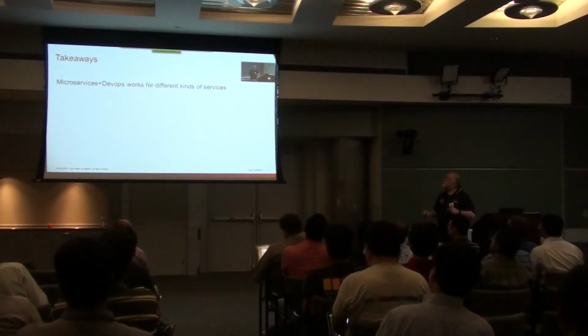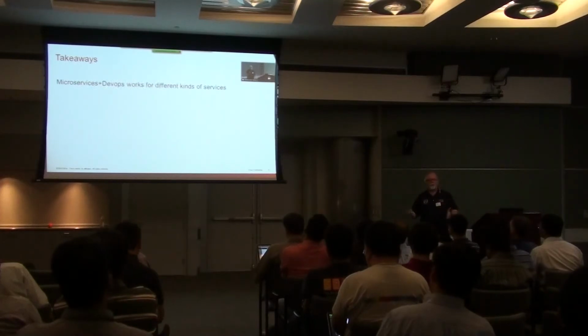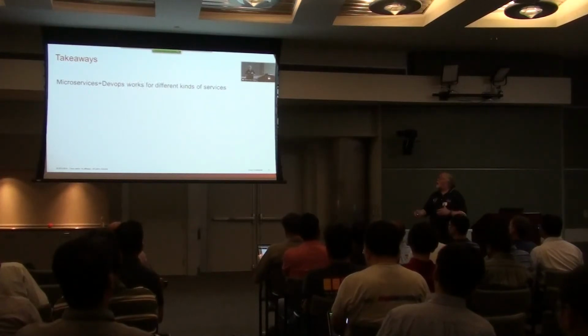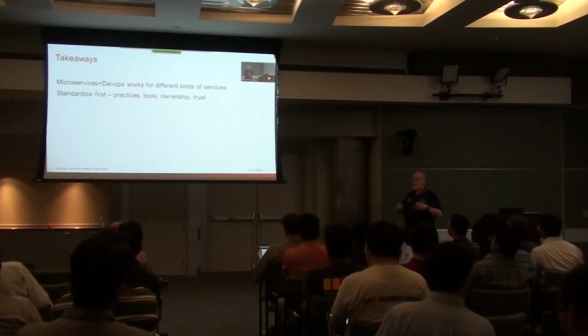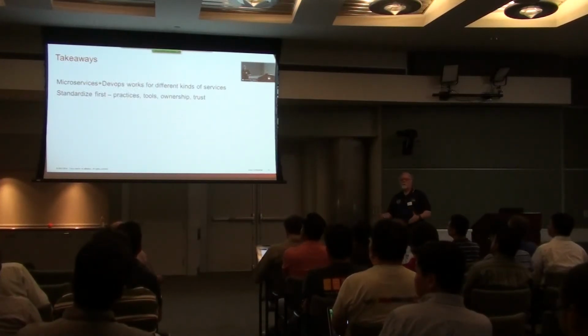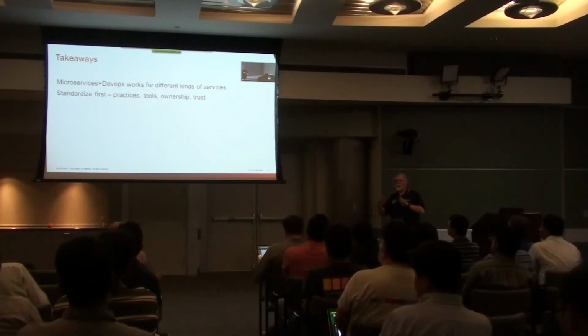So let me keep this foundation up here. All the talk that we've had so far today about microservices and DevOps and agility works for many kinds of services, many kinds of applications, many kinds of solutions. You really want to embrace those and embrace the practices that enable that kind of agility.